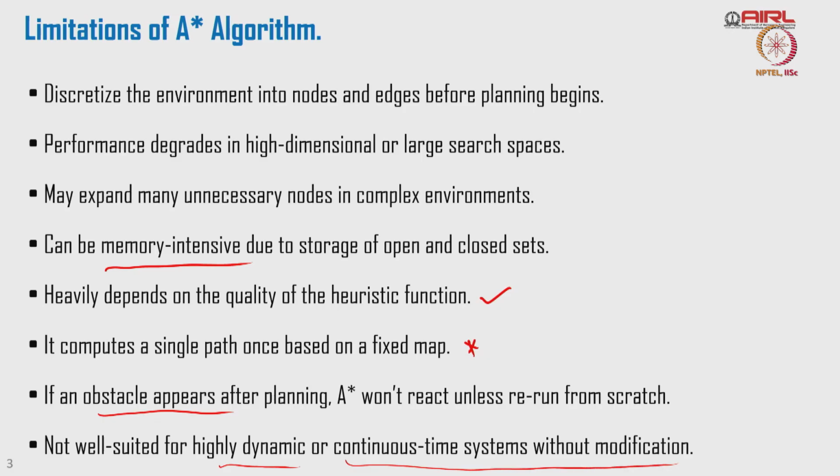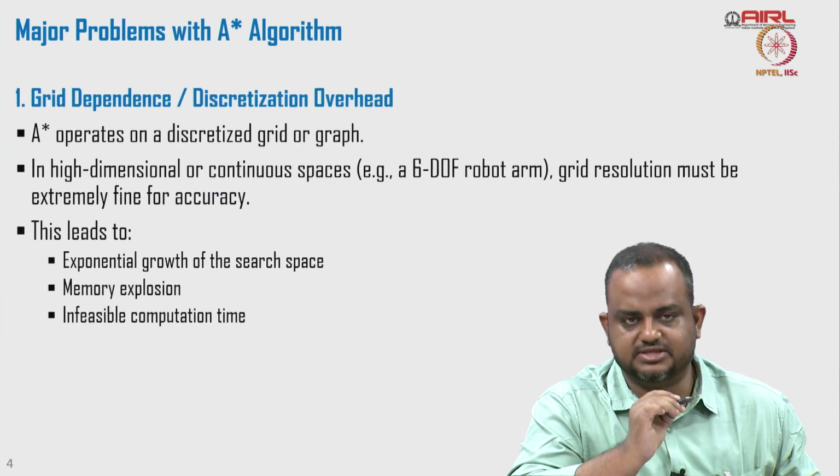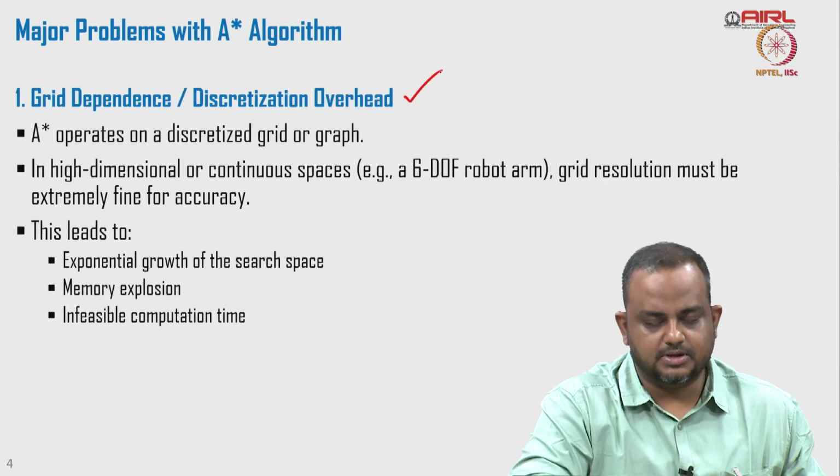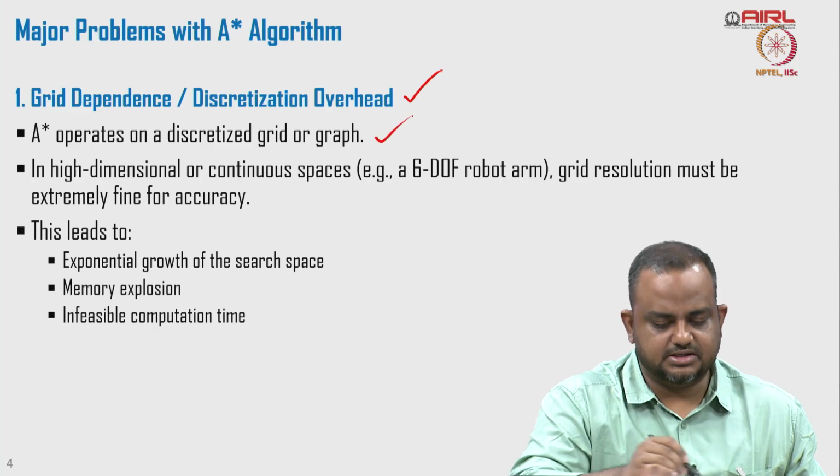Once we know that, now we will shift our ideas from A star to RRT. So, in summary, the major problem with A star algorithm is that it is dependent on grid based search. A star operates in a discretized grid or graph.